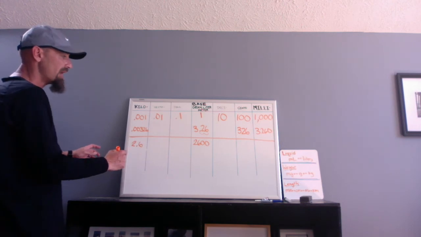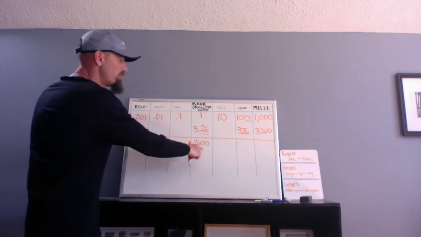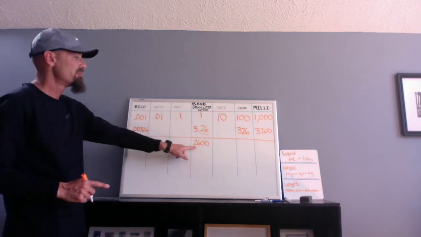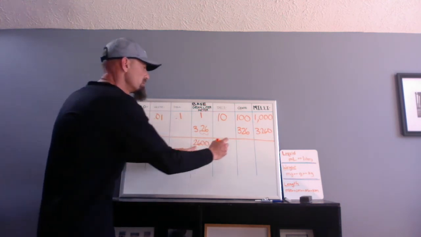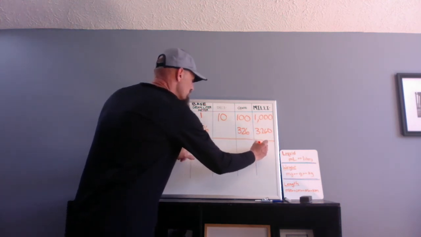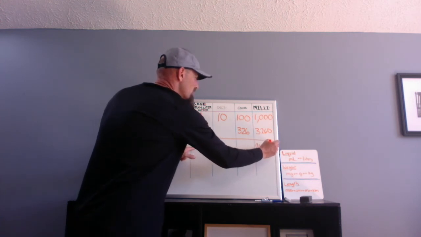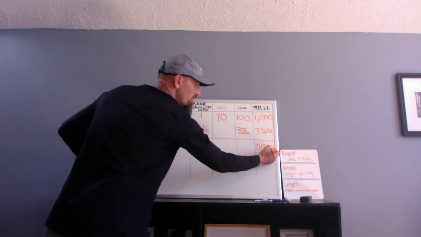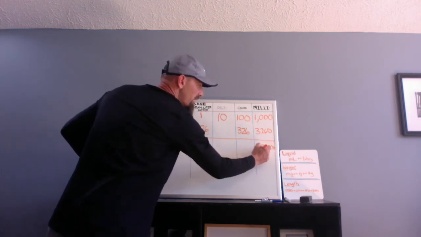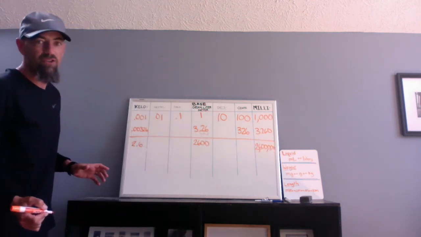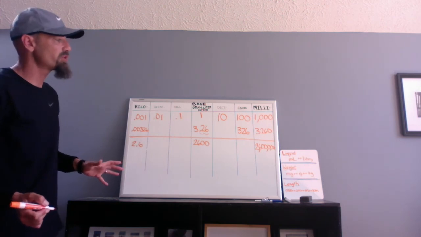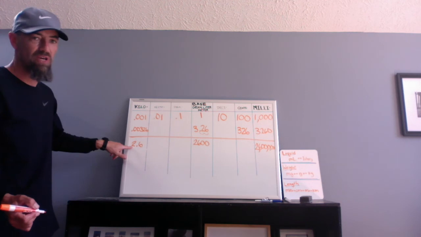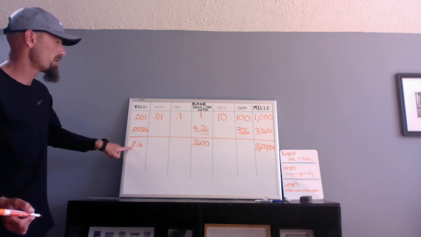I've got to move it over 3 more place values to get from here over to milli, right? And we have a grand total of 2,600,000 millimeters in 2.6 kilometers.